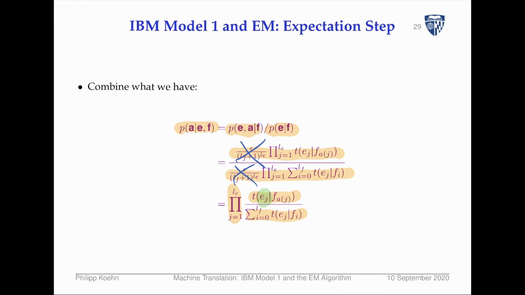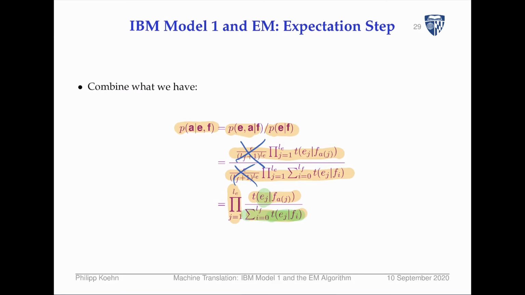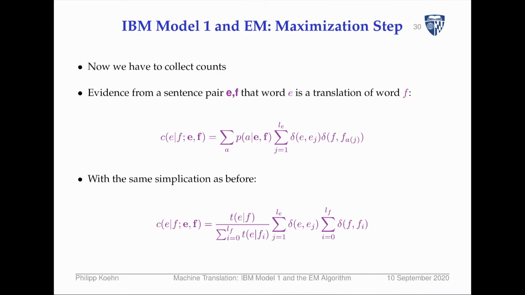So down here is what is this English word explained by all the possible foreign words, what are the choices, and then for each particular alignment, what's the probability for that. Okay, so this is a handy formula to get the probability of the alignment given the English and foreign sentence properly normalized.